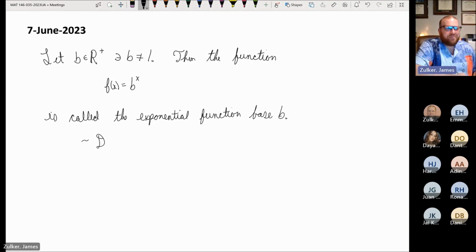Regardless of the base, it's always going to have a domain of all real numbers and a range of positive real numbers.